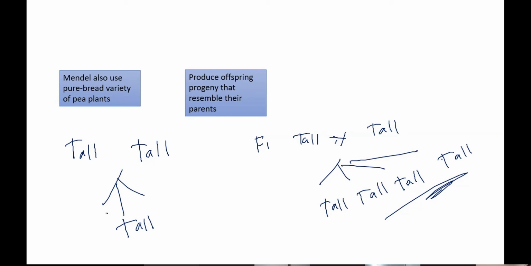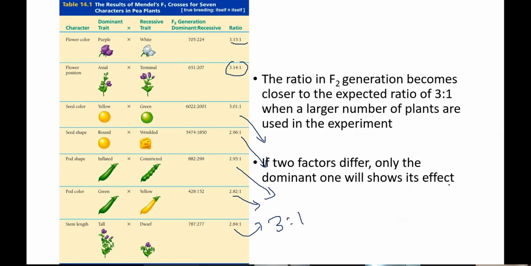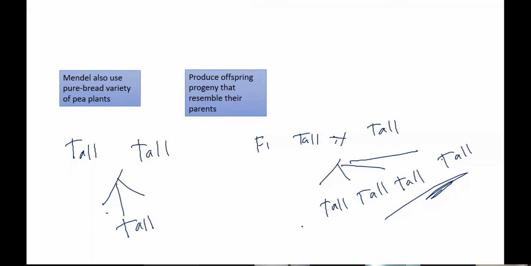If the traits of the parents are different, the ratio is around 3 to 1. But if father and mother have the same traits, all of the next generation should be tall. Okay, Jerry?